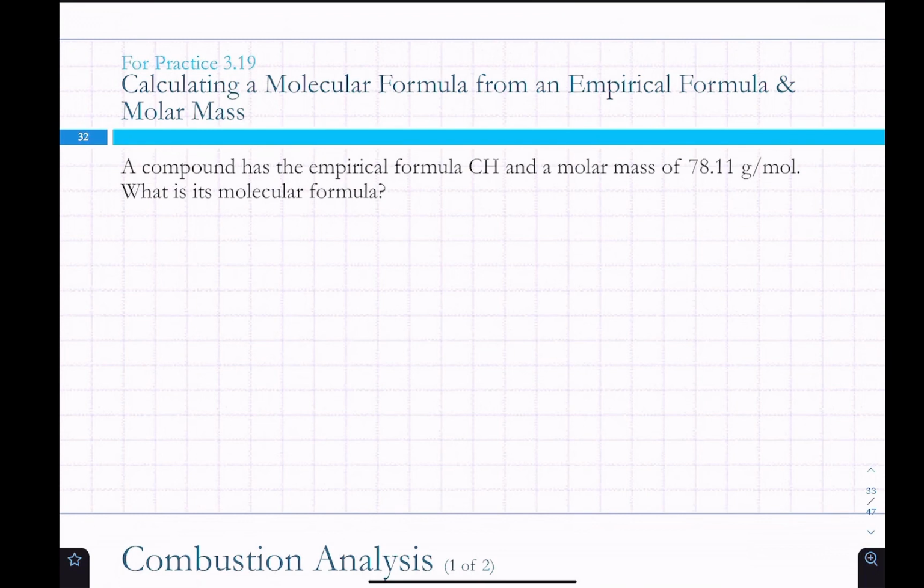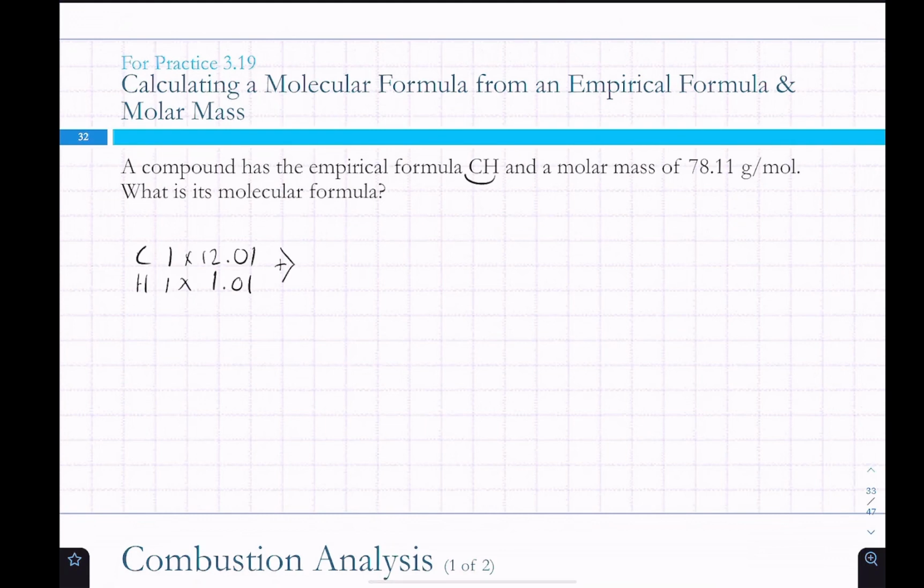So for a compound that has an empirical formula of CH, again, we're going to calculate the molecular mass of the empirical formula. So we'll have carbon and hydrogen, right? One of each. So multiply by 12.01, multiply by 1.01.